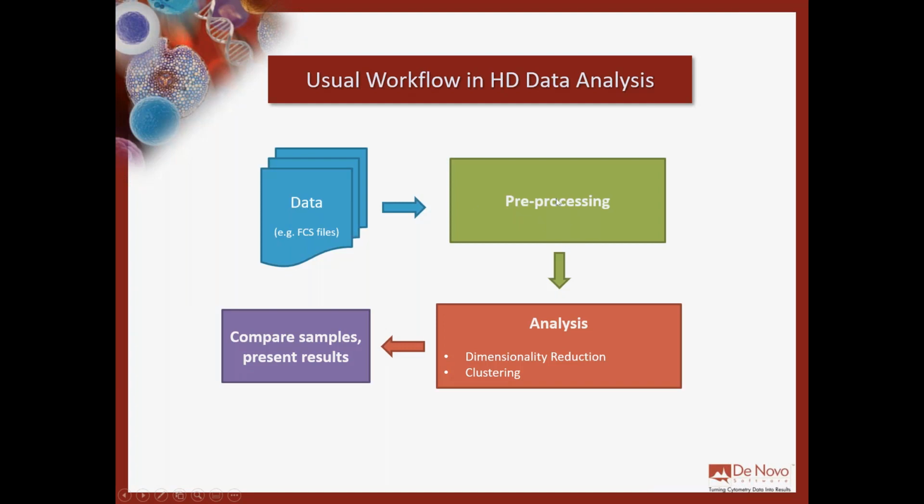You have your data, you do the pre-processing, you go to the analysis, and then you draw some conclusions, you put together some nice pictures. Okay, but which pre-processing step, in which order, which analysis, which setting, that needs to be addressed sample by sample, scientific question by scientific question, and so on. So take your time. We are now on the pre-processing.